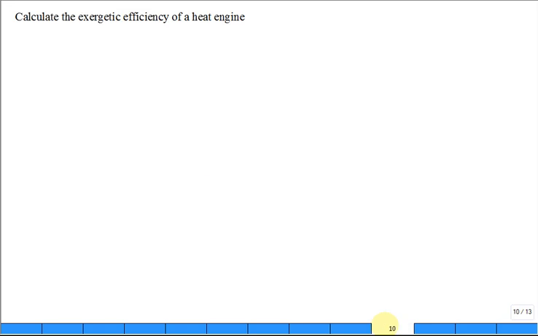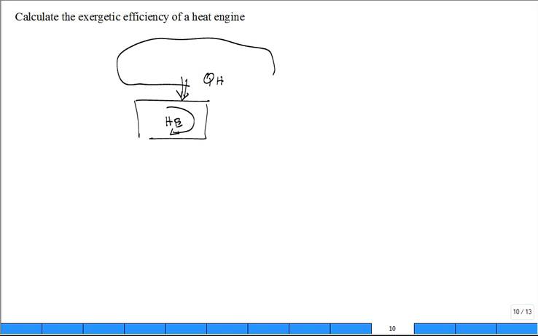How about the exergetic efficiency of a heat engine? In general, a heat engine, a concept we were introduced to in Thermal 1, is a device typically running in a cycle which intakes Q sub H, heat transfer from a high temperature reservoir. What is the temperature of that high temperature reservoir? TH.